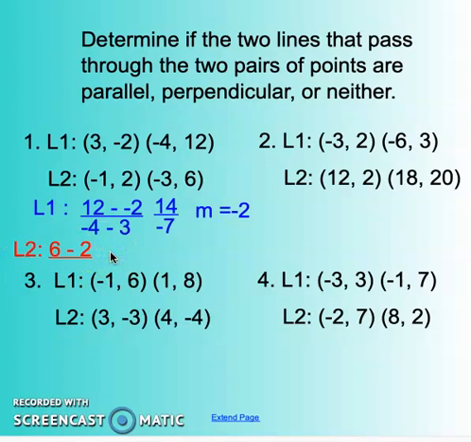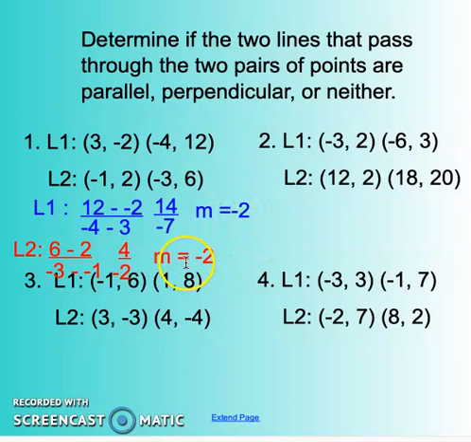And our x's: negative 3 minus a negative 1. So we have positive 4 on top, and on the bottom, negative 3 minus a negative 1 would be negative 2. And if we simplify this, m is equal to negative 2.